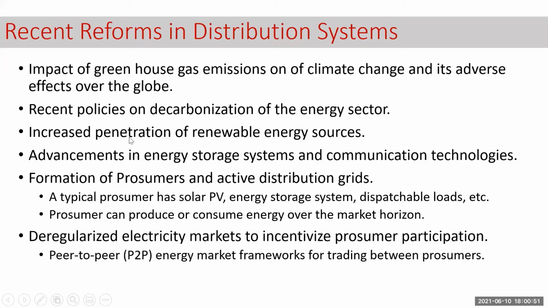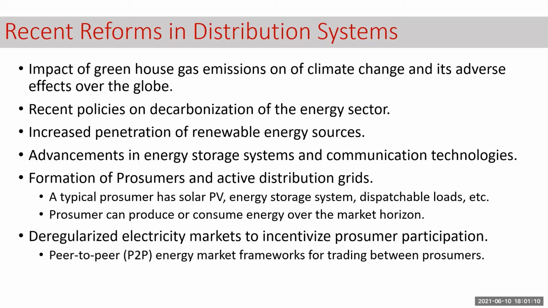As a result, penetration of renewable energy sources such as solar PV and wind power has increased, mainly in the distribution system. In parallel, there were advancements in energy storage systems and communications technologies, both in efficiency and cost reduction.